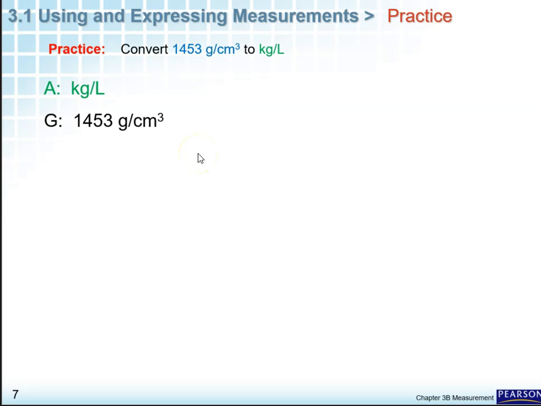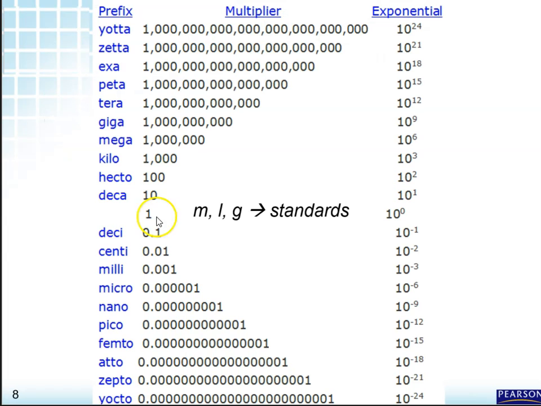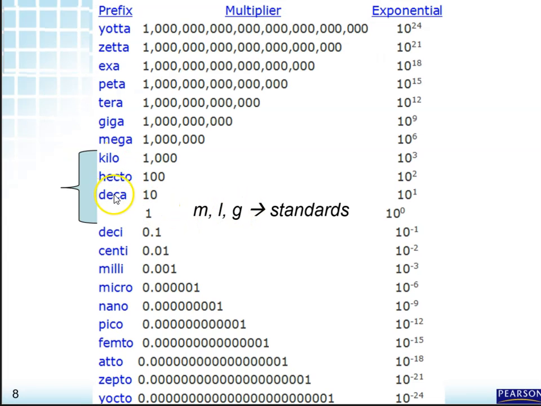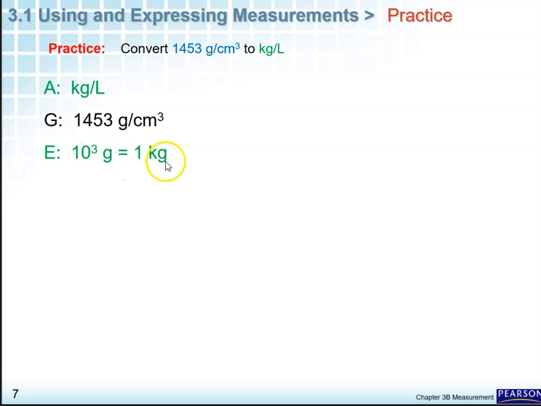The KISS method is not just keep it simple, it's also keep in step. One equality is going to relate to grams and kilograms, which we looked at before, but we'll look at it again quickly. Grams, deca, hecto, kilo. That's 1,000. 10 times 10 times 10. So there's 1,000 grams in a kilogram. 10 cubed grams in 1 kilogram. Now the other one's much trickier, but we can see centimeters cubed here.